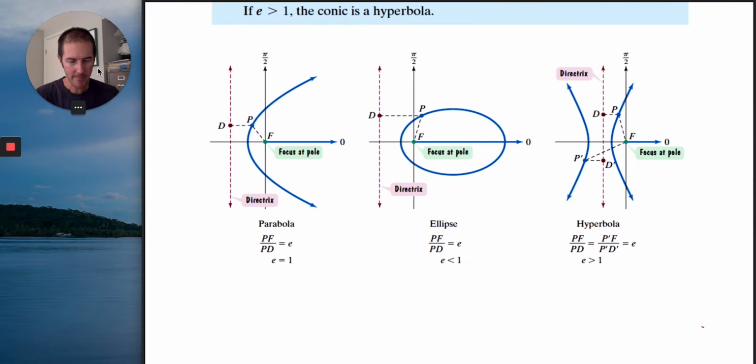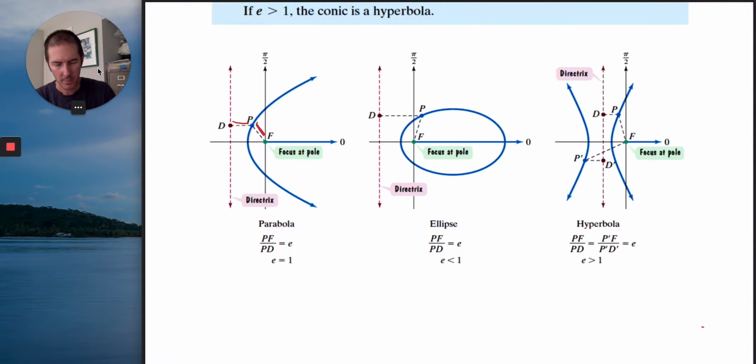And PF, as we're seeing in this left-hand diagram, is the distance from a point on the curve to the focus. And PD is the distance from a point on the curve perpendicularly over to the directrix.